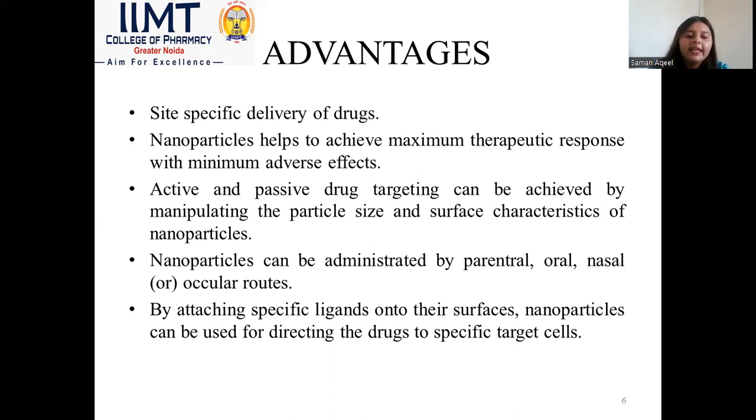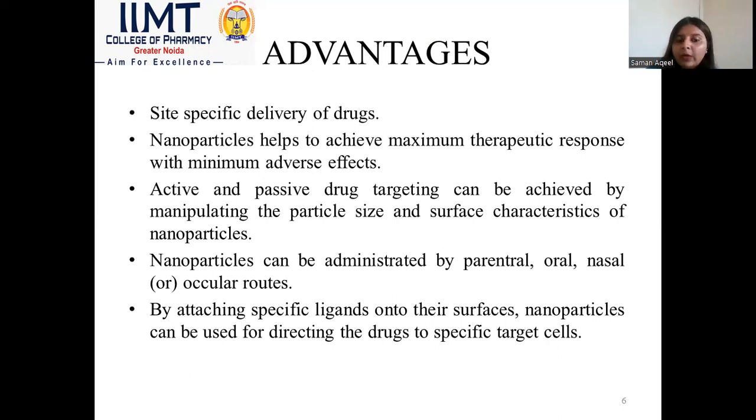Next, active and passive drug targeting can be achieved by manipulating the particle size and surface characteristics of nanoparticles. So if you alter the particle size and the surface properties, you can achieve active and passive drug targeting.